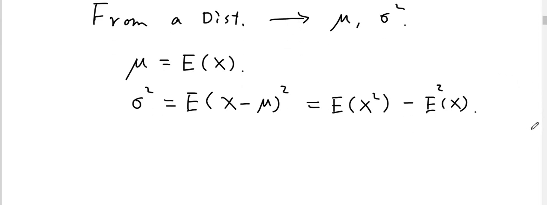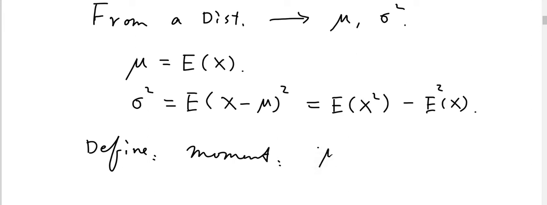From here we define those things, which we call moments. We denote mu_k equals E[X^k], the mean of X^k.